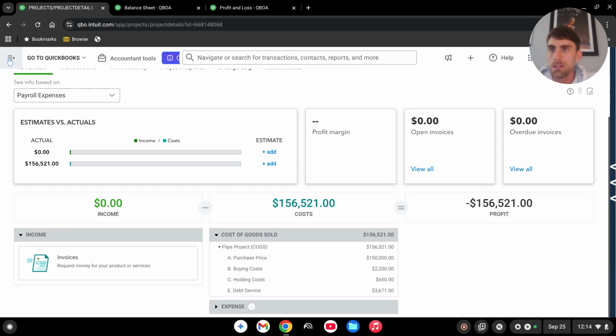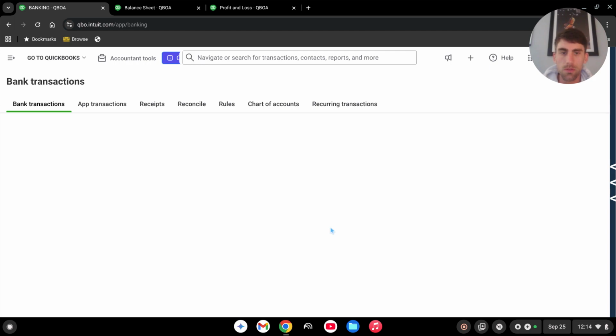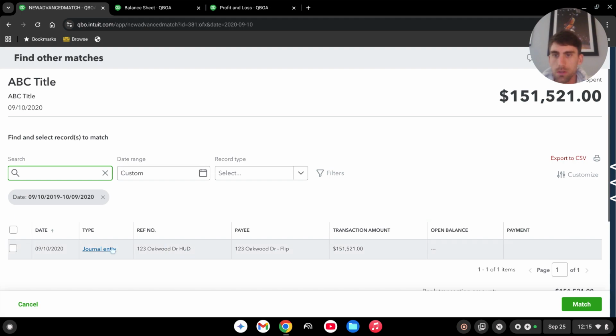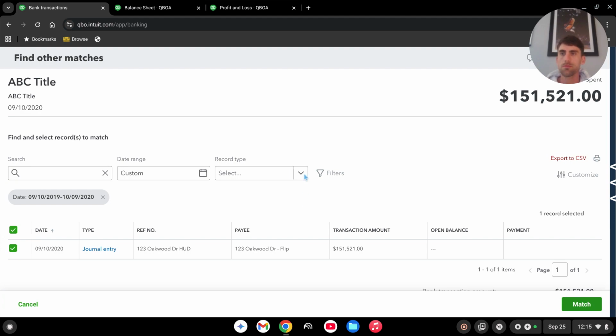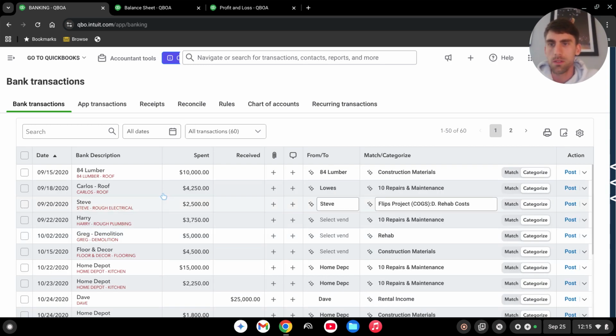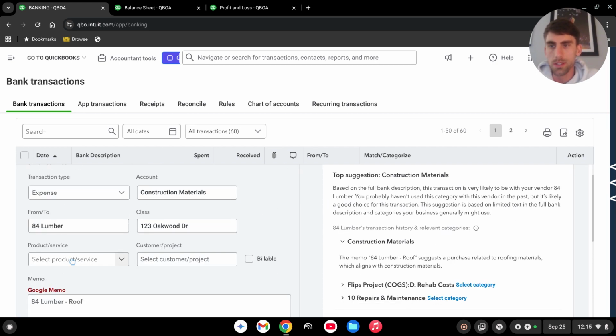Alright, so let's go into our bank and let's just do a few transactions here. We paid the title. This was our cash to close, so this should match to our journal entry, so that's easy enough. Now as we go along with the project, we're going to put these into the product and services that we set up.